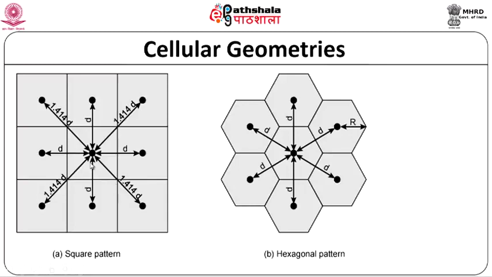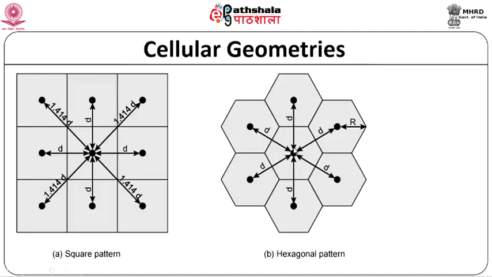So, it will be more than what you have over here. So, you find that there is some kind of heterogeneity in terms of how the distances are. In order to avoid this and avoid certain problems that occur with respect to transmitting at different frequencies when you have this kind of geometry, we go in for a hexagonal pattern.